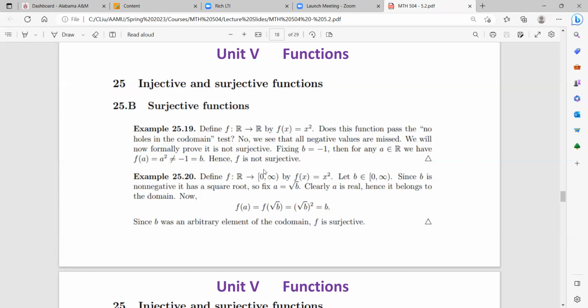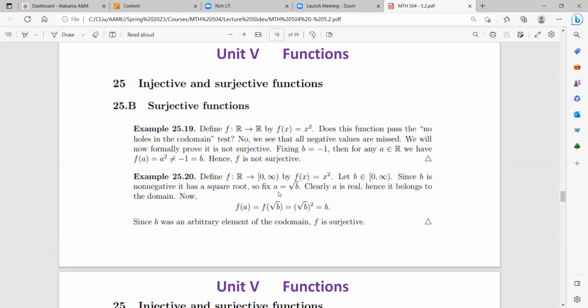Now, if you change the function from R to non-negative numbers, from 0 to infinity including 0, by the same rule, f(x) equals x squared, then it is a surjective function. Because this time, when you choose any value in the codomain between 0 and infinity, you can always find the square root for a non-negative number.